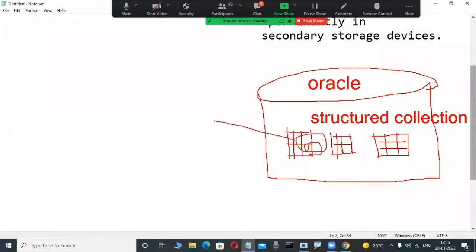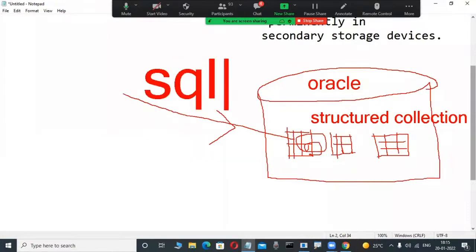Once we have structured data, we need some language to operate on it. What is that language? Maybe anybody has an idea? SQL is a language, Structured Query Language. Through this language only we operate data in the structured data of relational databases.